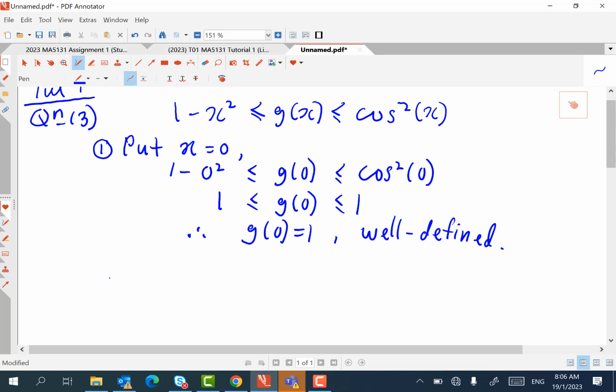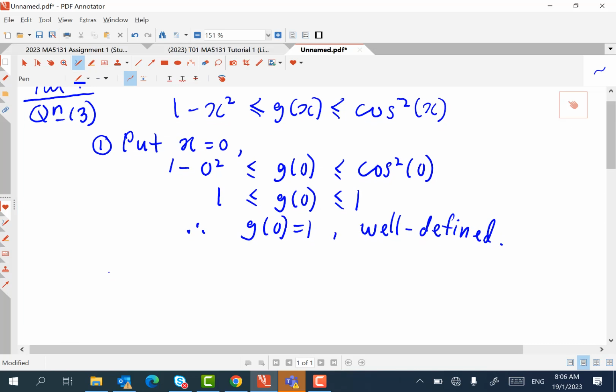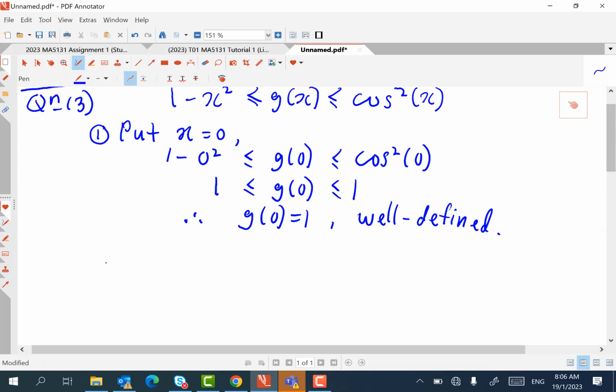So as you know, the only possible value of g(0) is 1 for the inequality to still hold. Okay.